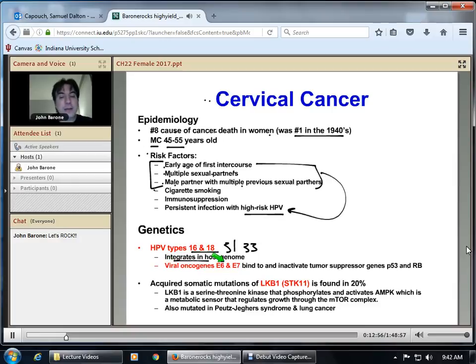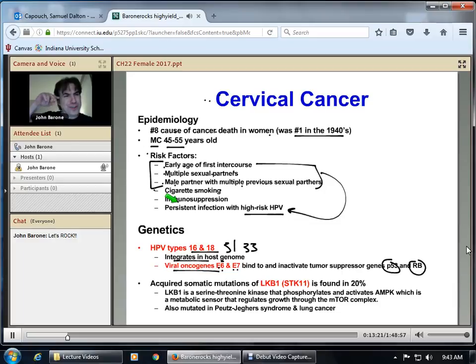16, 18, 31, 33. This is the risk factor because they integrate into the host genome and they produce viral oncogenes E6 and E7. E6 knocks out p53, E7 knocks out RB. That's why these cause cancer. Now there are 2 more risk factors aside from HPV: cigarette smoking.